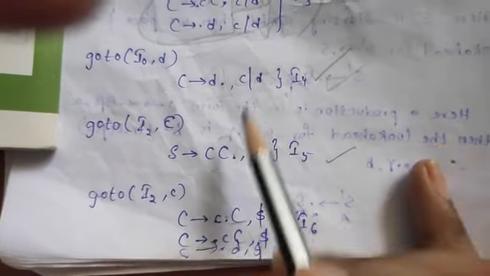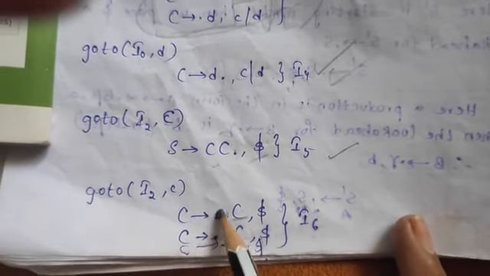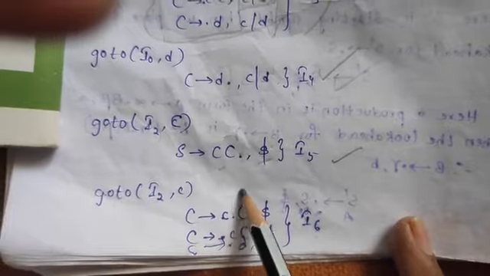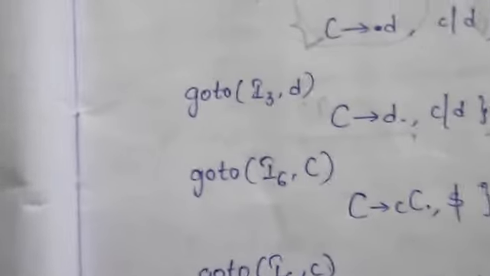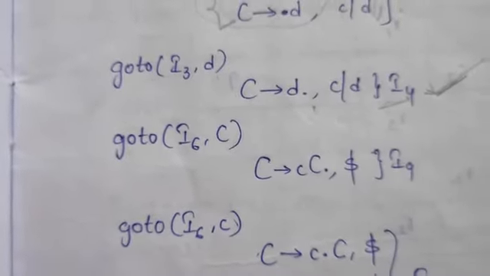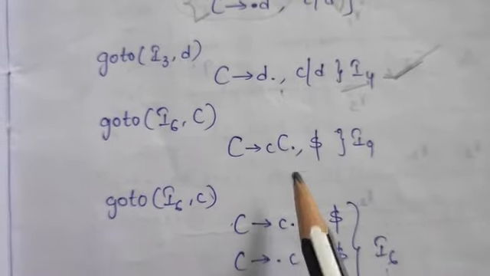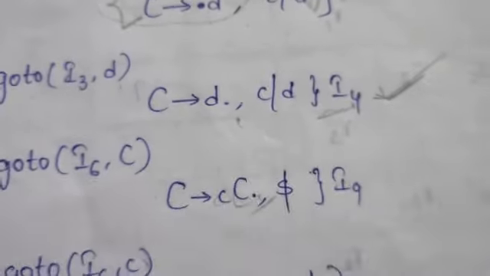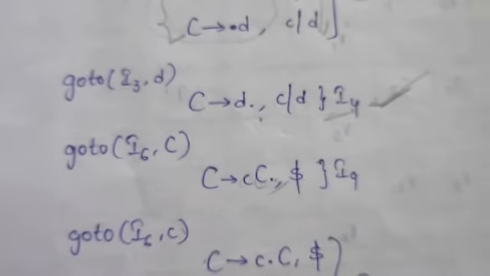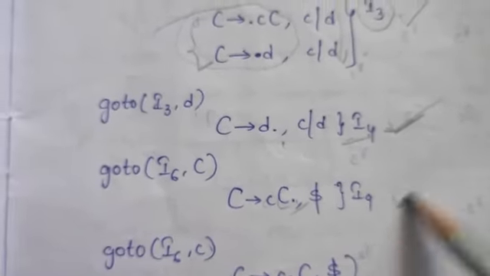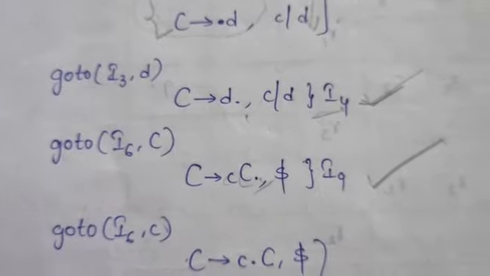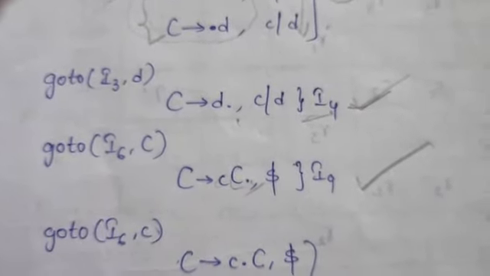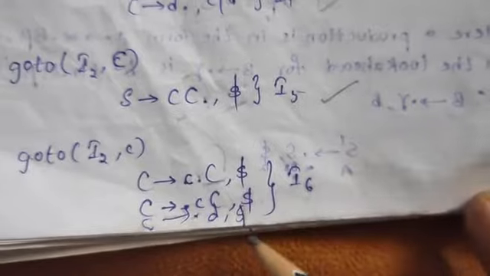In I6, capital C tends to small c dot capital C. The dot will move by capital C. For that reason in I6 the dot will move by capital C, then it will get C tends to small c capital C dot comma. Here the look ahead is nothing but a dollar. For that reason here we simply place the dollar as the look ahead. It is not the same as any before state. For that reason it will be indicated as I9.